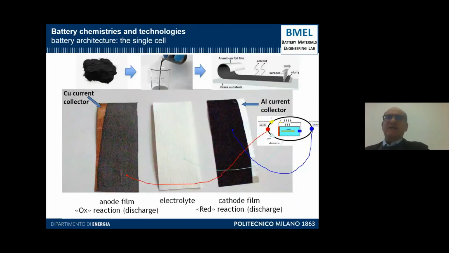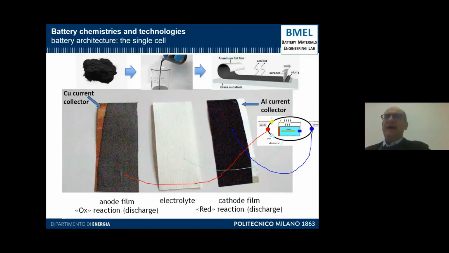Now, a classical way, though not the only one, of assembling electrodes and the electrolyte into a battery is to fabricate the active materials, like the one Akshay has shown, in the form of powders, and to prepare slurries based on these powders, and to spread these slurries onto metallic foils acting as current collectors.